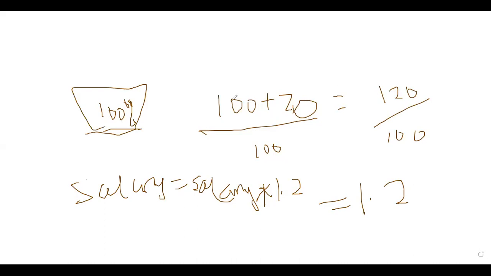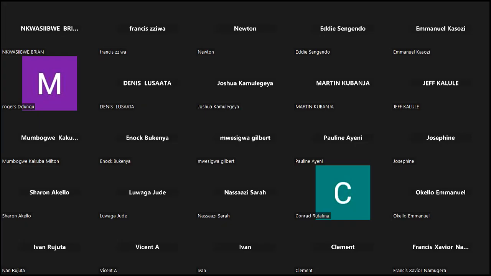When we increase by 20%, it's 120, divided by the initial standard percentage of 100, which is where we get this constant, 1.2.